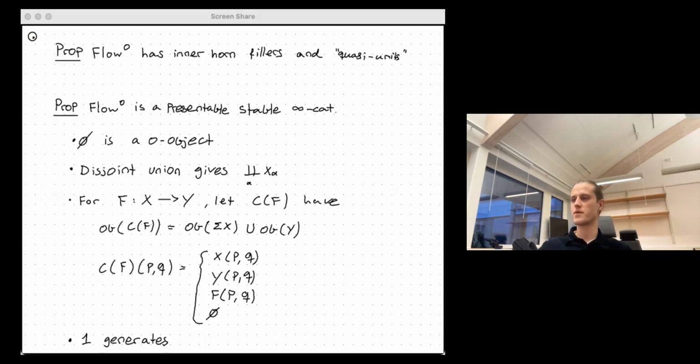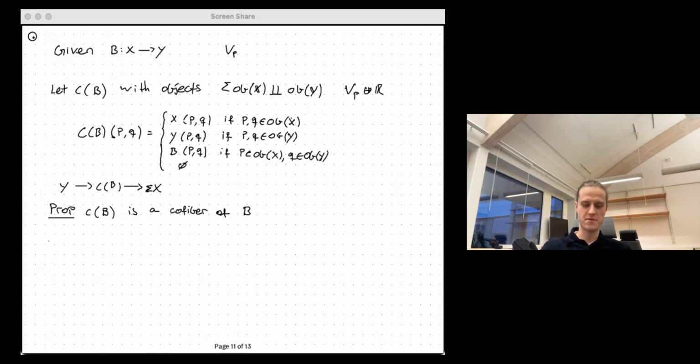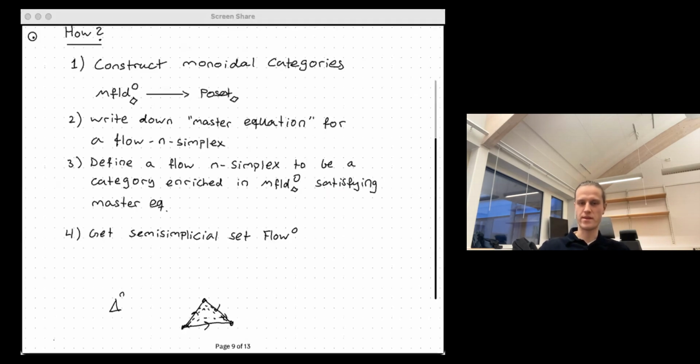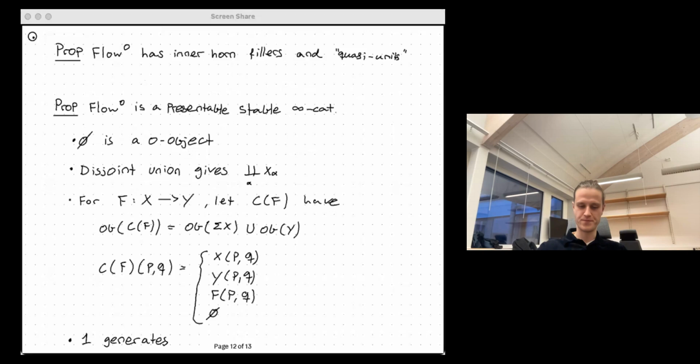Right. If we were now able to successfully carry out this little program of writing down a master equation for all the n-simplices, we would get a semi-simplicial set of flow categories.